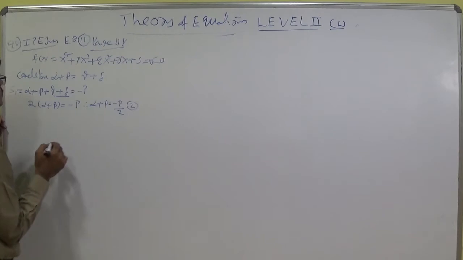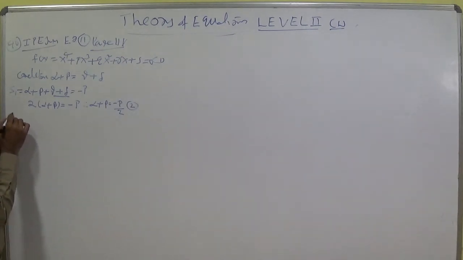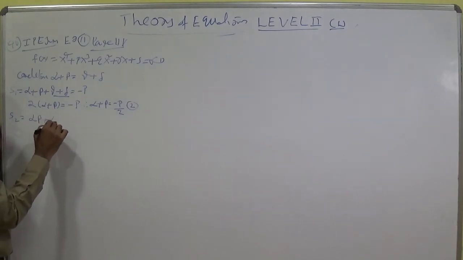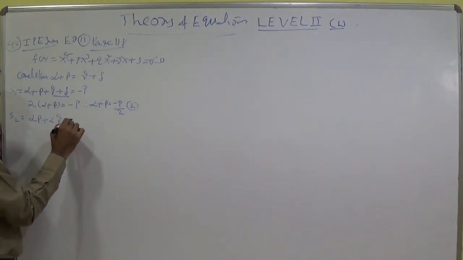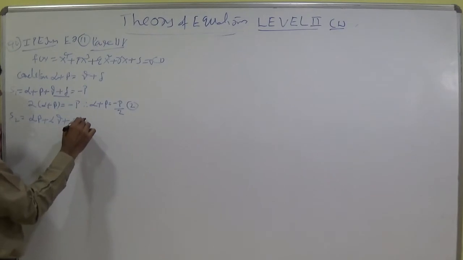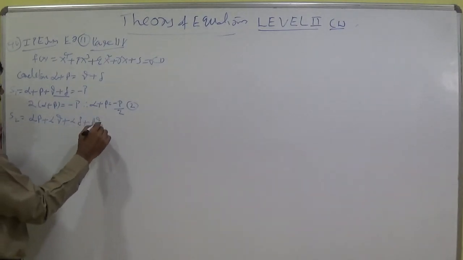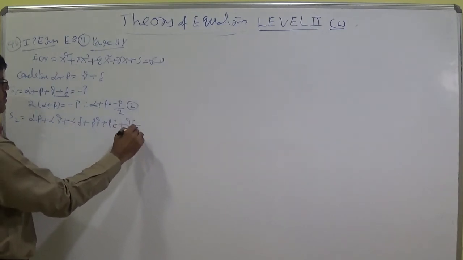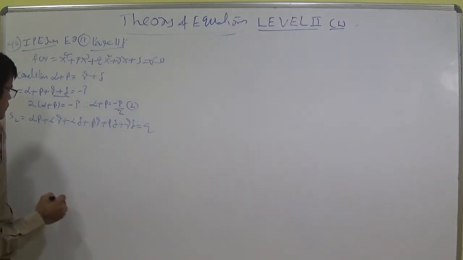Put this as equation 2. Now, S2 you can write. S2 meaning alpha beta plus alpha gamma plus alpha delta plus beta gamma plus beta delta plus gamma delta is equal to q.